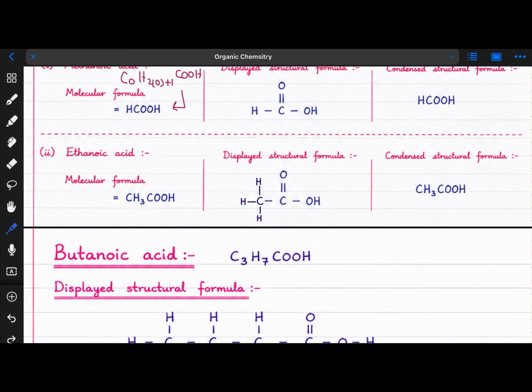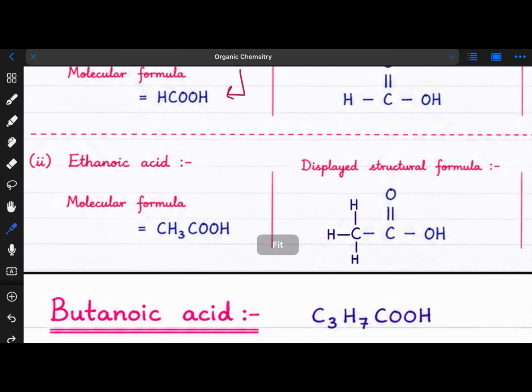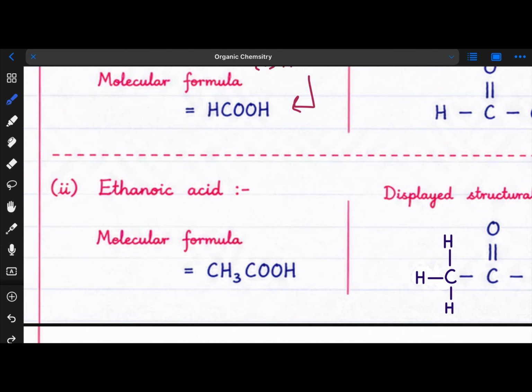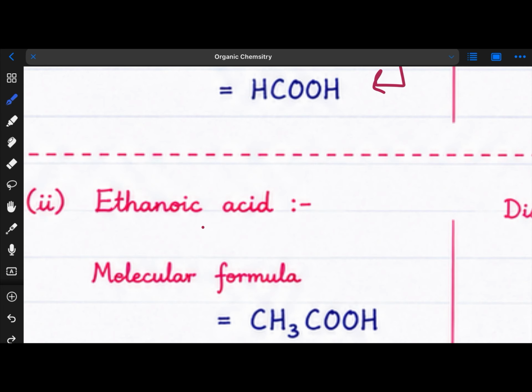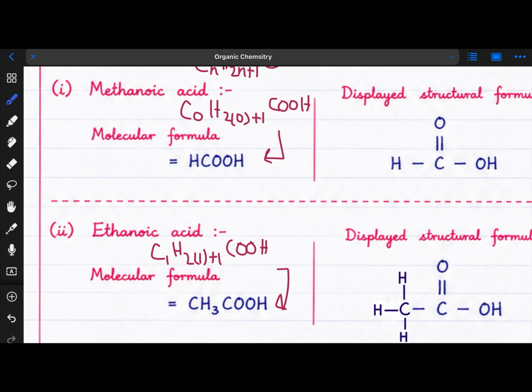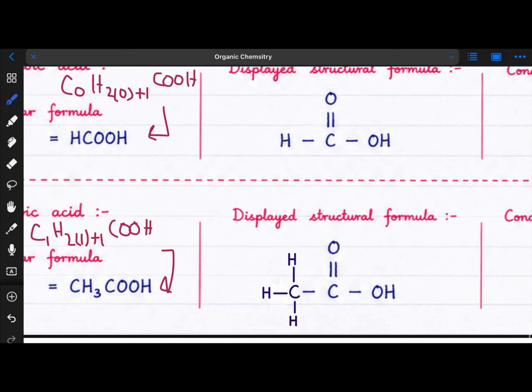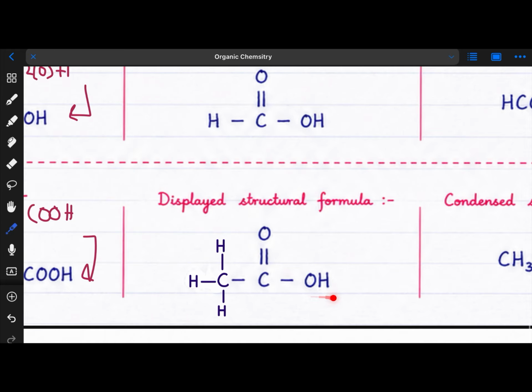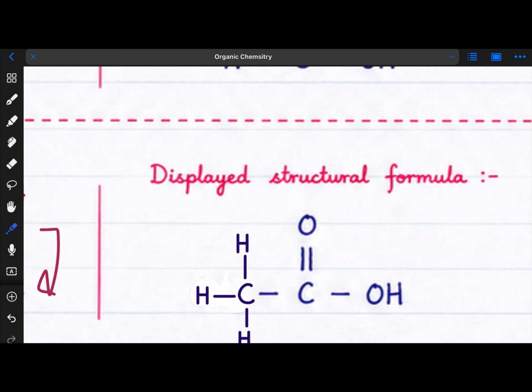Now let's take an example of ethanoic acid. Here n will be represented as 1, so we're going to write C1 H2 multiplied by 1 plus 1, COOH. And we're going to get CH3COOH as our molecular formula. Now to write down the displayed structural formula, firstly write down your carboxyl group like this, and then complete the 4 bonds of this carbon atom.